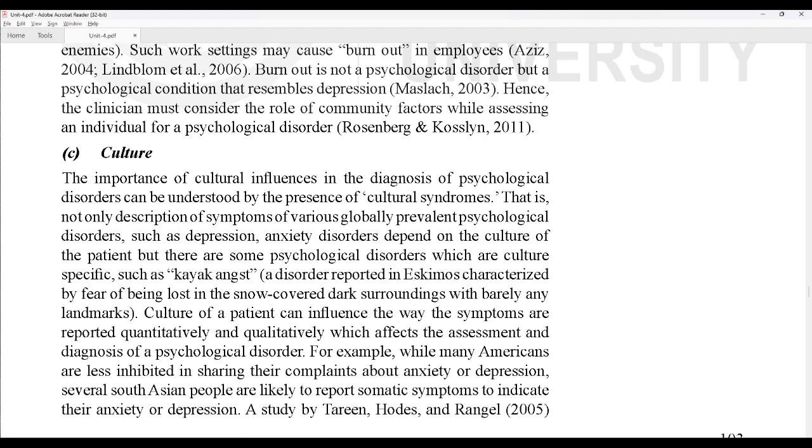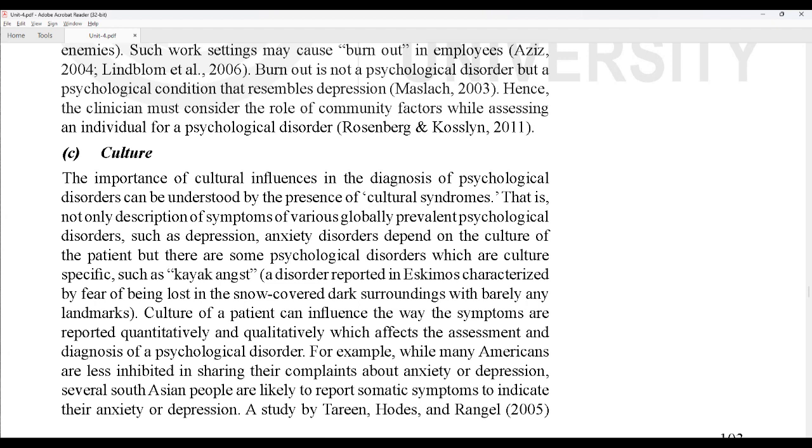That is, not only does the description of symptoms of various globally prevalent psychological disorders, such as depression and anxiety disorders, depend on the culture of the patient, but there are some psychological disorders which are culture-specific, such as Kayak-Angst, a disorder reported in Eskimos characterized by fear of being lost in the snow-covered dark surroundings with barely any landmarks. Culture of a patient can influence the way the symptoms are reported quantitatively and qualitatively, which affects the assessment and diagnosis of a psychological disorder.